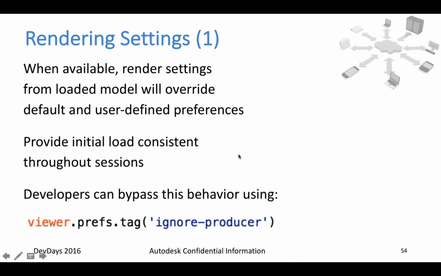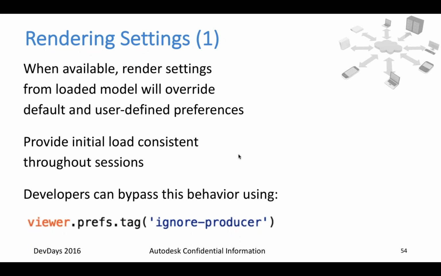Concerning rendering settings, when they are available, the rendering settings from the model will override the defaults and the user's predefined preferences. Typically, if you translate a model from Fusion, for example, and you set some rendering settings in that model, then this will be saved with the translated model and loaded automatically inside the viewer.